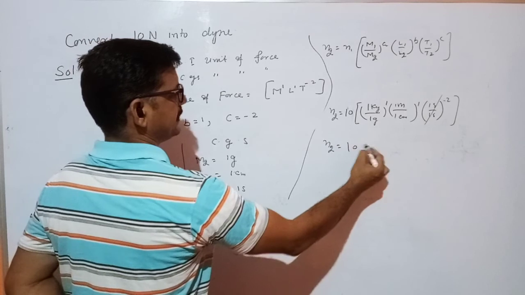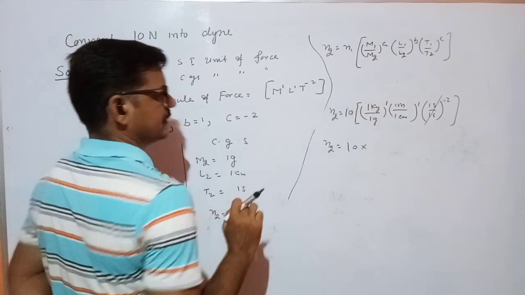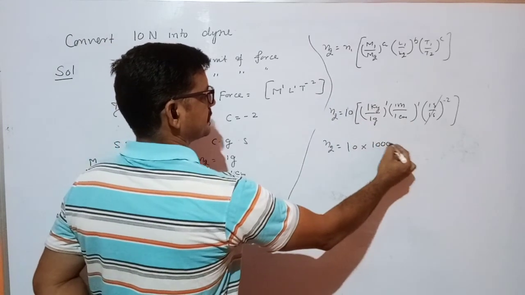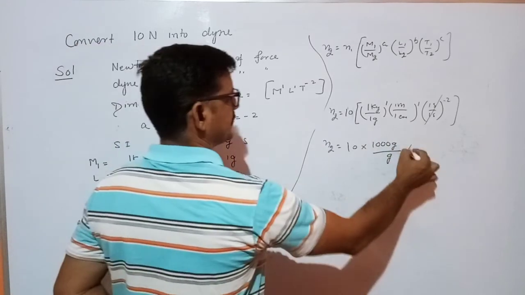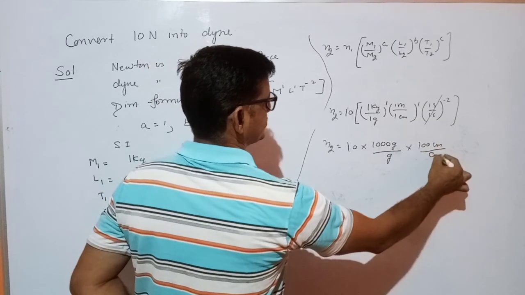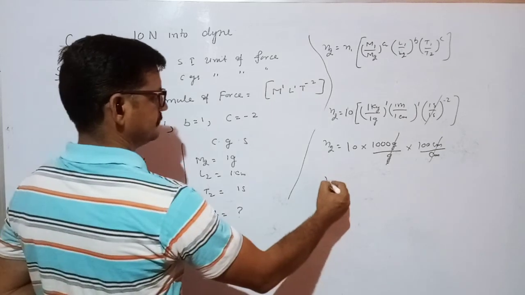What is left with us? N2 is equal to 10 into 1 kg upon gram. So 1 kg to be converted into gram, that is 1000 gram upon gram. Similarly, 1 meter, that is 100 centimeter upon centimeter. So gram and centimeter will cancel out.